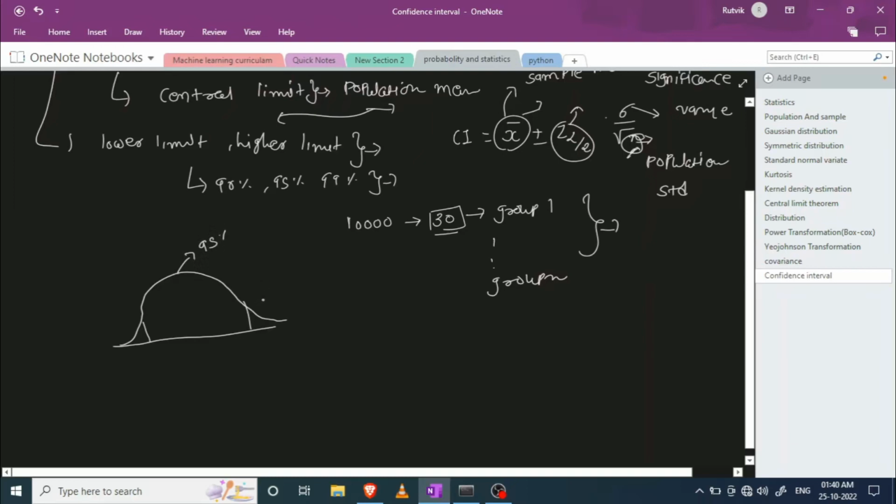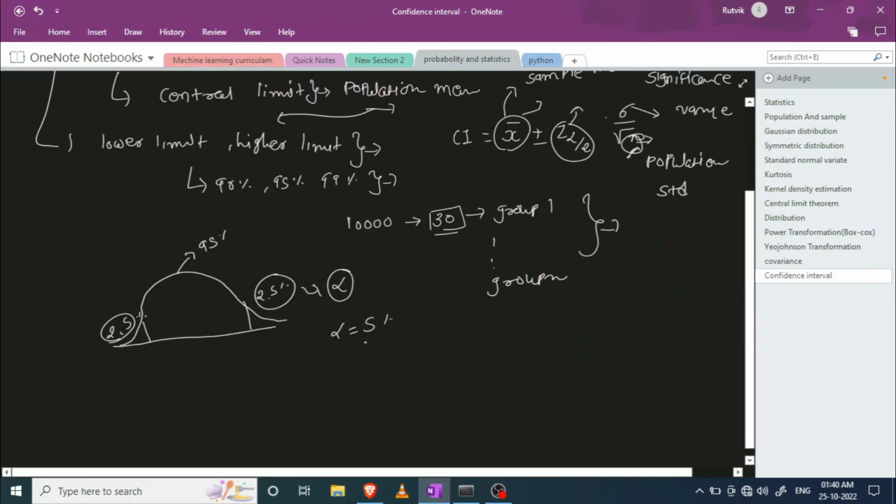Whereas 5% of data fall in this region, 2.5% in this region, and 2.5% in this region. So this value is going to be our alpha. So our total alpha is 5%.